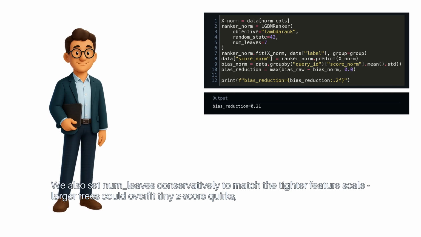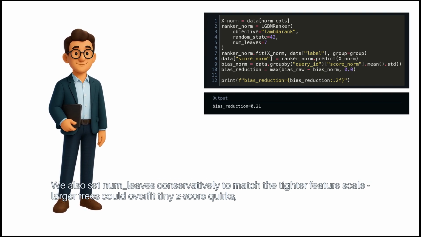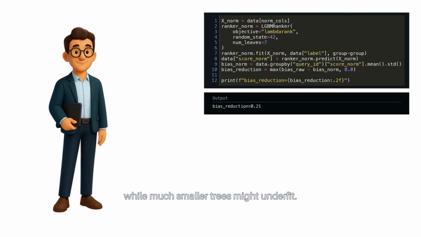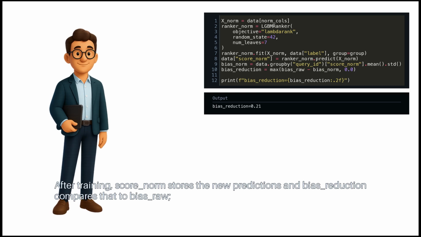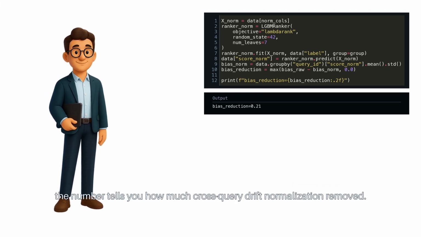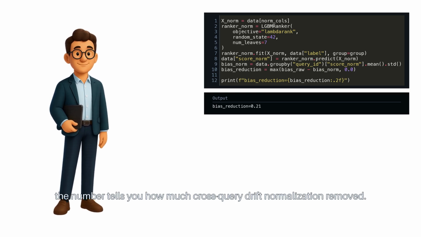We also set num leaves conservatively to match the tighter feature scale. Larger trees could overfit tiny z-score quirks, while much smaller trees might underfit. After training, score norm stores the new predictions, and bias reduction compares that to bias raw. The number tells you how much cross-query drift normalization removed.